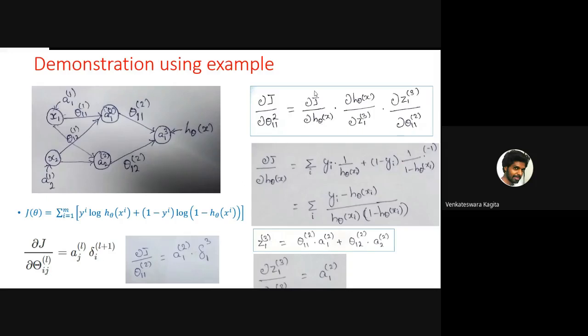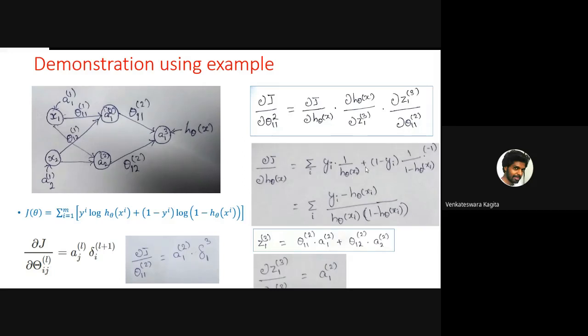This is the derivative of J with respect to h theta of x, which means the derivative of J, this one, with respect to h theta of x. So if I do that, yi times derivative of log h theta of xi with respect to h theta of xi is 1 by h theta of xi.